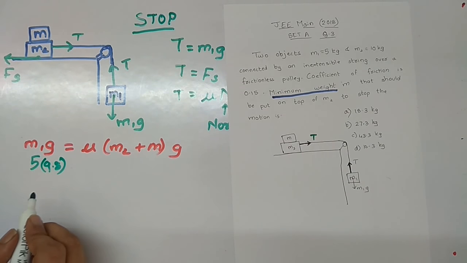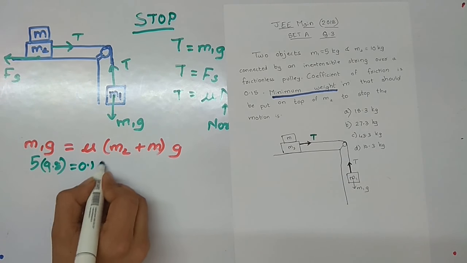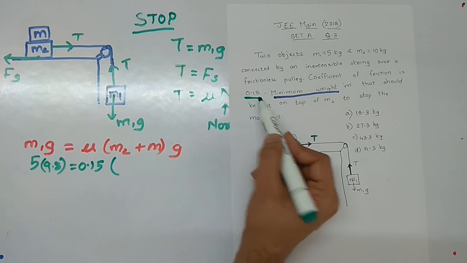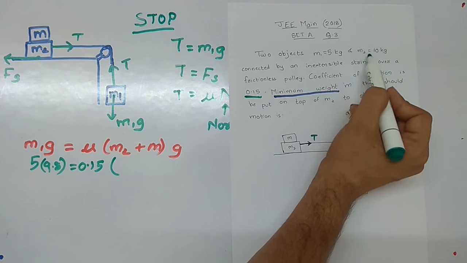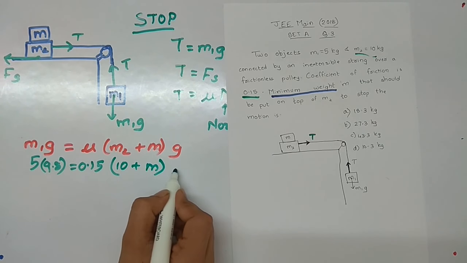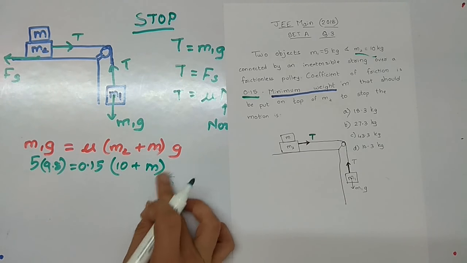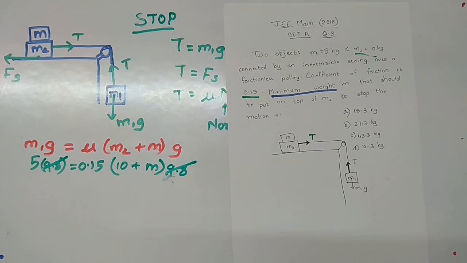You can also take it as 10 for easy calculation. Then mu is 0.15, they have given this 0.15 coefficient of friction. m2 is 10, plus m, into again g, that is 9.8. You can cancel this g.